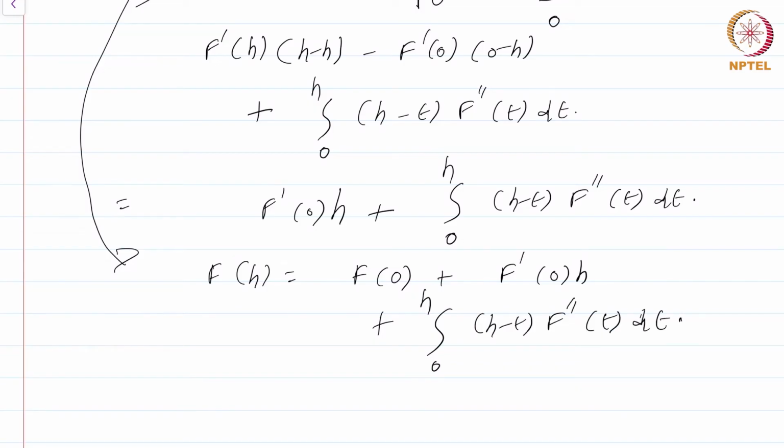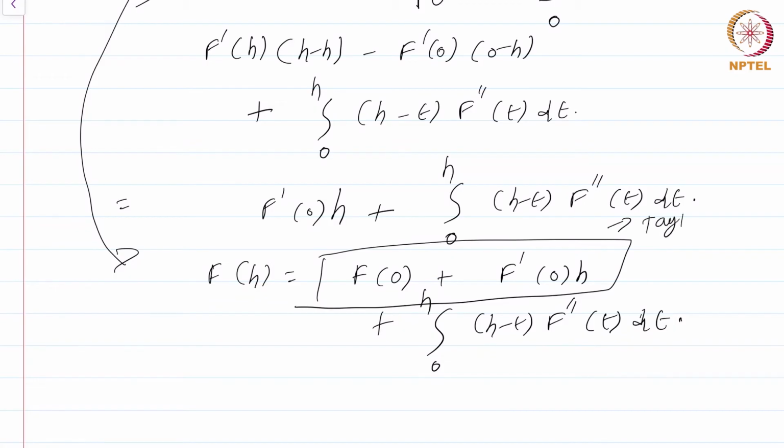Okay, so we have got some sort of approximation of f of h. Note that this is a Taylor polynomial. And this is the remainder.